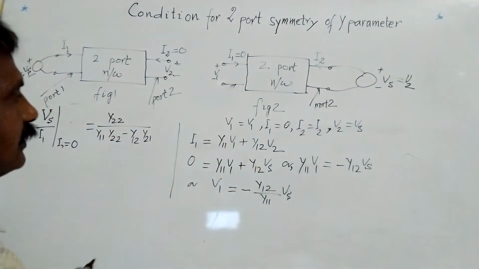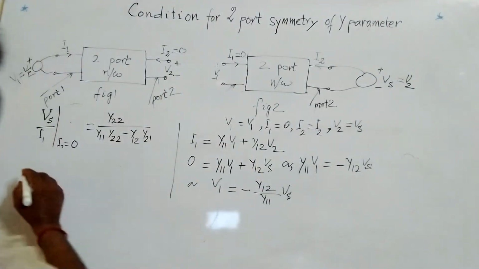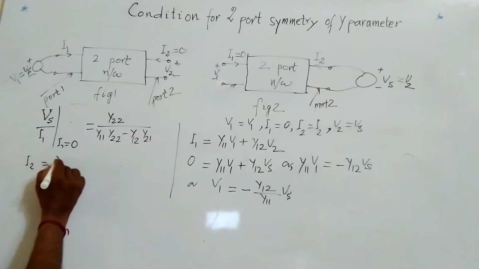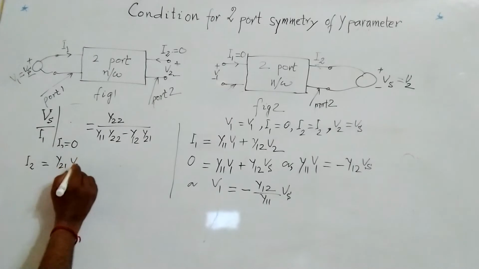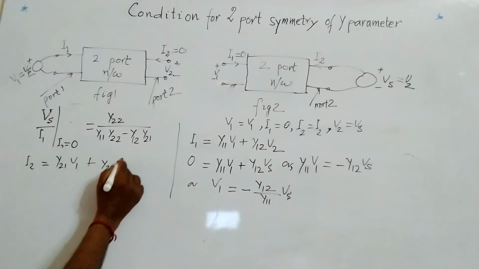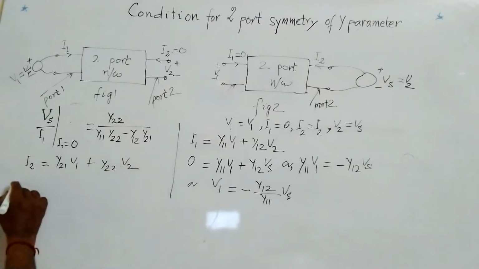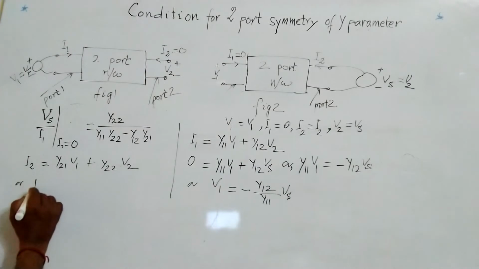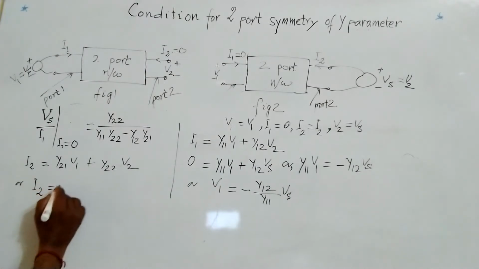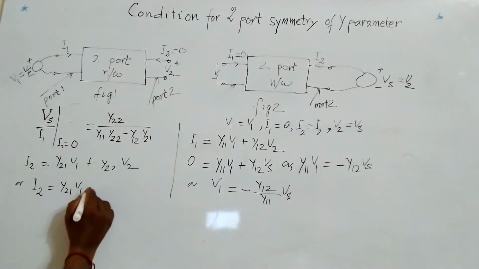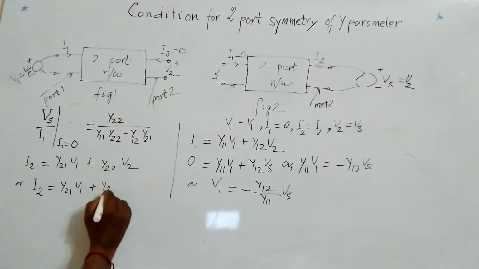Now let us take the second standard equation. I2 was equal to y21 V1 plus y22 into V2.